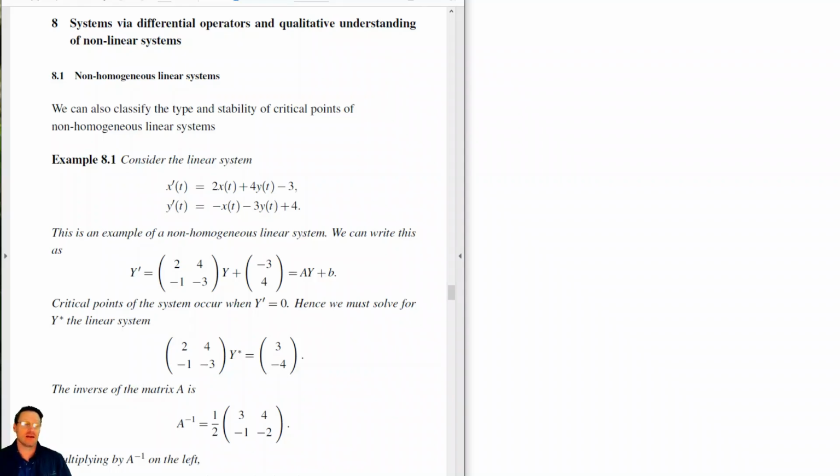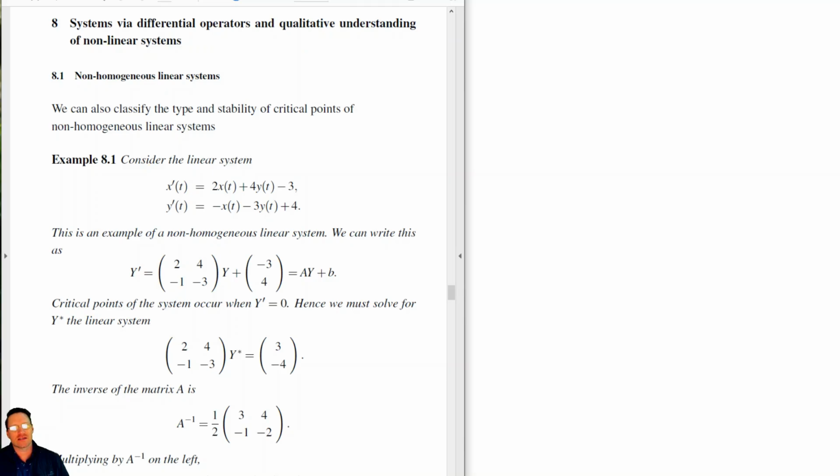Today we're going to look at systems of differential equations, differential operators, and we're going to look at qualitative understanding of nonlinear systems. So we're going to start with looking at non-homogeneous linear systems and solving for the critical point, and then understanding qualitatively what that phase portrait looks like.